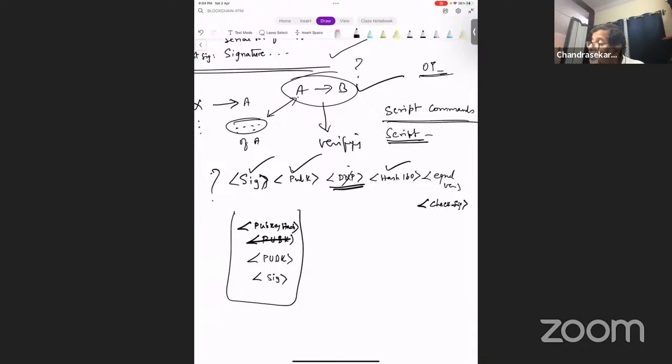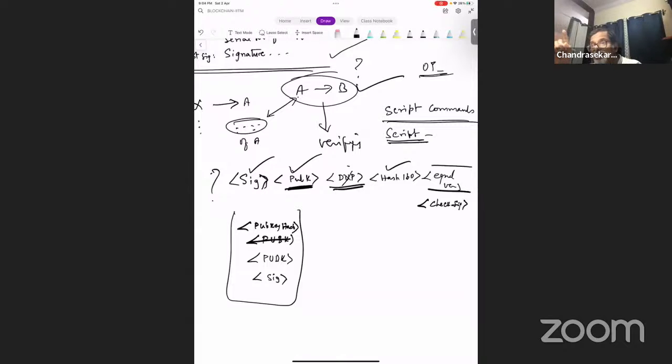Okay. So this is the address, right? This is the address. This is the hash 160 of the public key. The hash 160 of the public key is what will be put here. And then the hash 160 value of the public key is already given here.